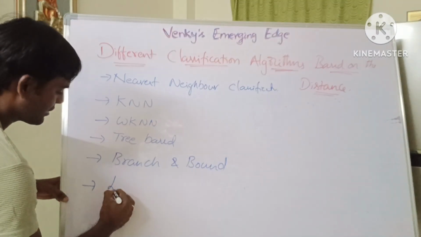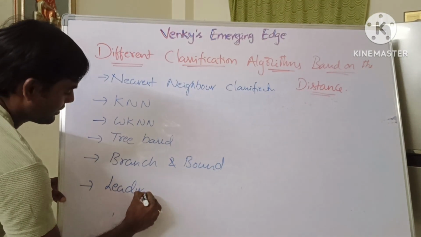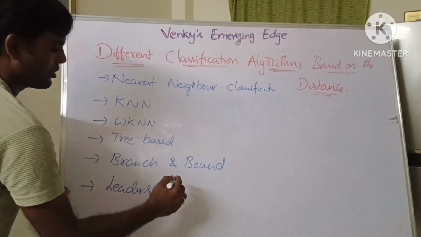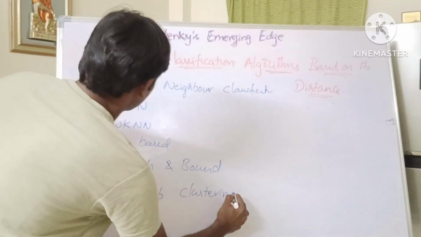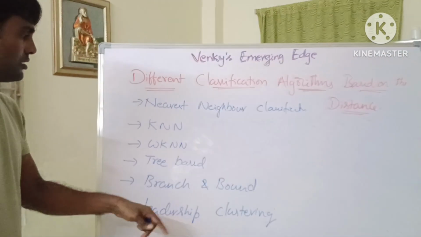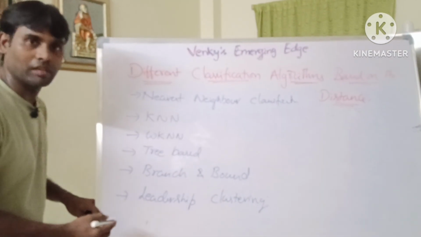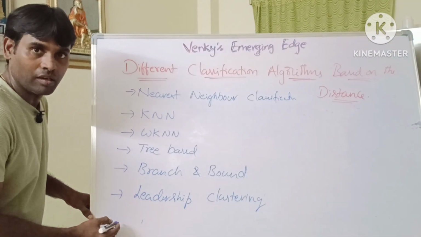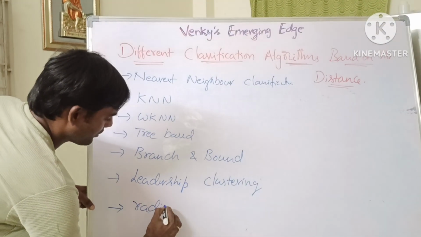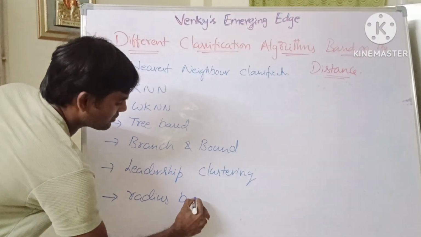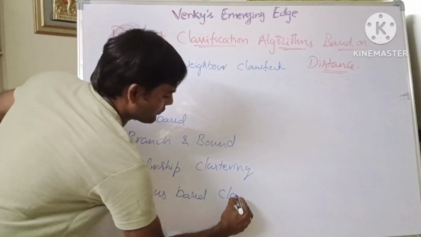Next one is leader clustering. Is it clear? Next one is radius based classification.